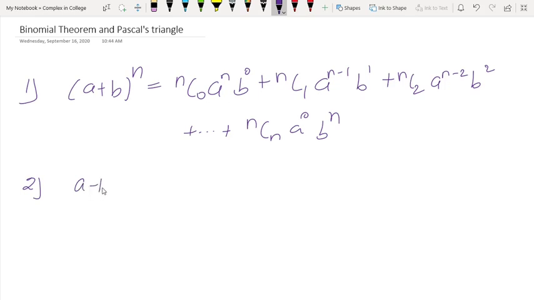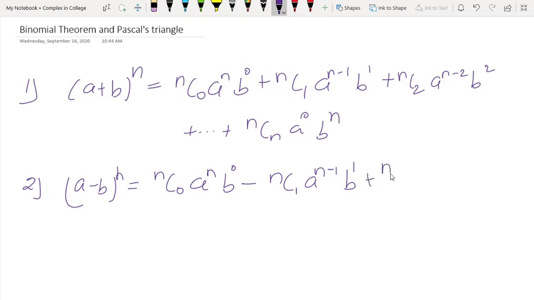Next is for the minus sign. a minus b raised to n will have nC0 a raised to n b raised to 0. Next is the minus sign, nC1. We need to reduce the power of the first term and increase the power of the next one, b raised to 1. Then the plus sign, nC2 a raised to n minus 2 b square. Then again the negative sign, nC3 a raised to n minus 3 b cube.